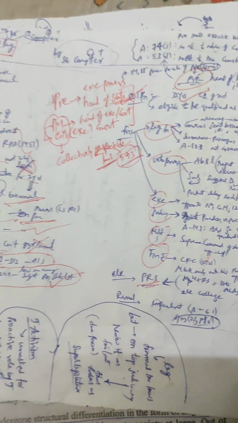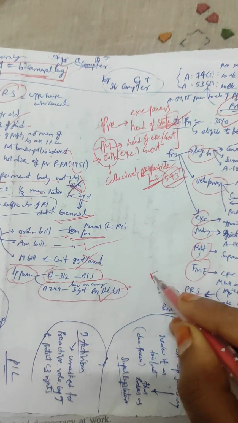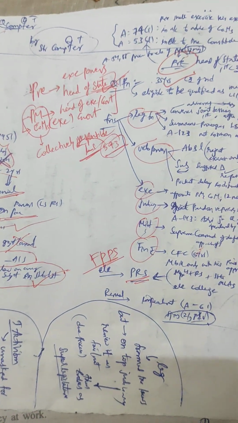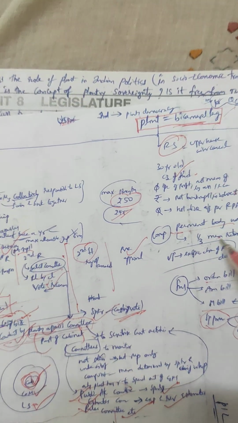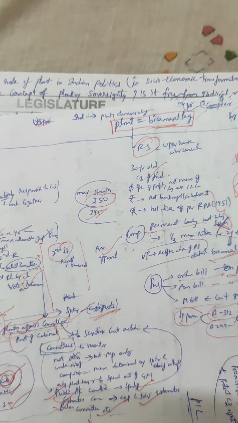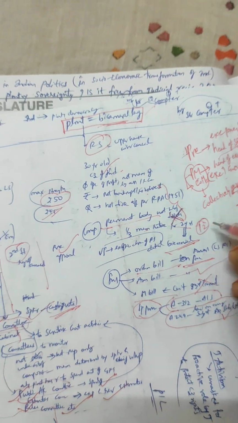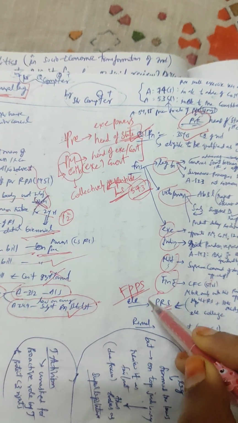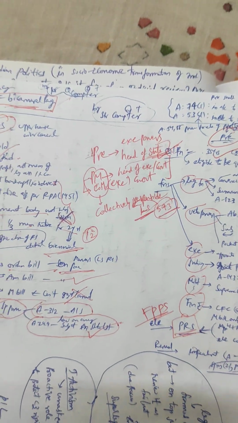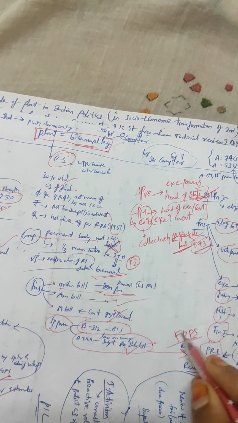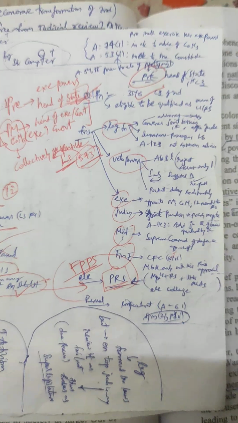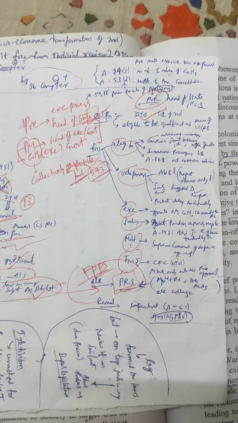Unlike in the Lok Sabha, where election takes place through the first past the post system, in the Rajya Sabha MPs, 12 are nominated by the president, and for the rest it is through the proportional representation system, and for the president it is based on the electoral college.